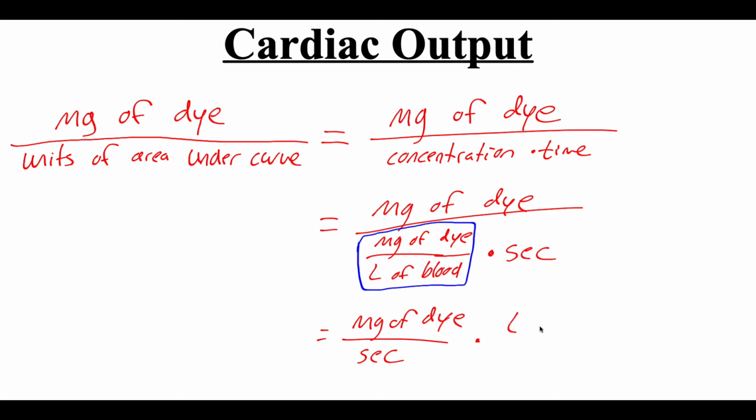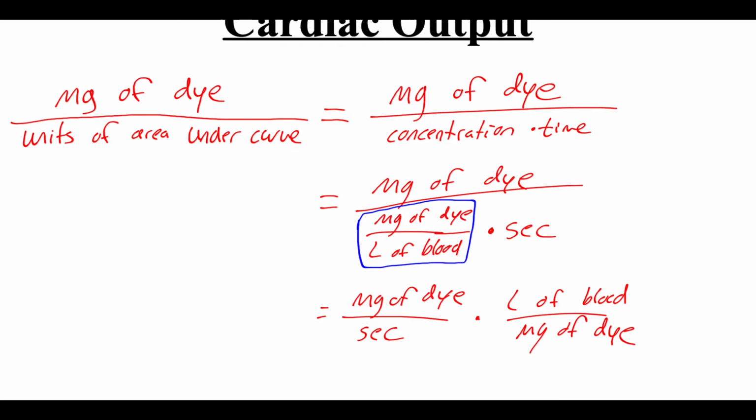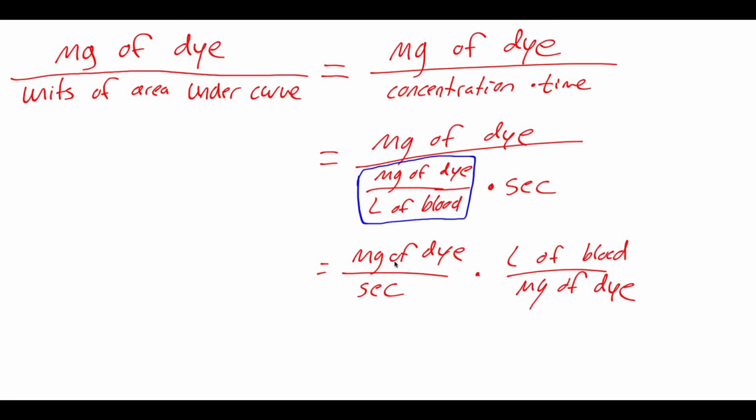So this will be the liters of blood divided by the milligrams of our dye. We've got the milligrams of dye on top and the bottom of these separate fractions, so we can cancel those out. What that's going to leave us with is a measure of liters of blood per second of time.